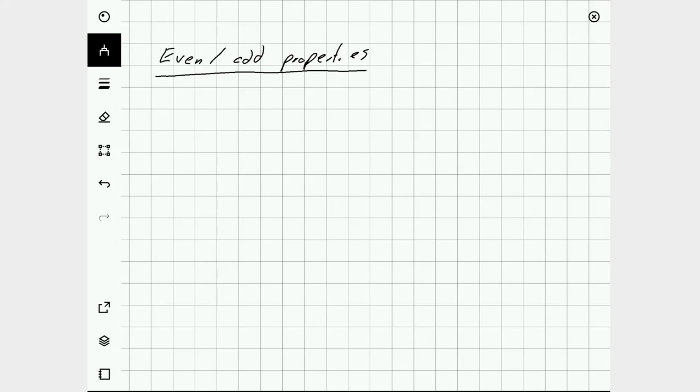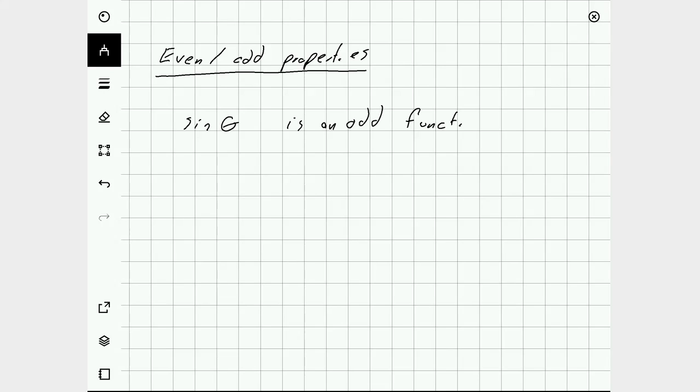Up next, a property that you saw recently when you were looking at the graphs of sine and cosine is that sine of theta is an odd function.